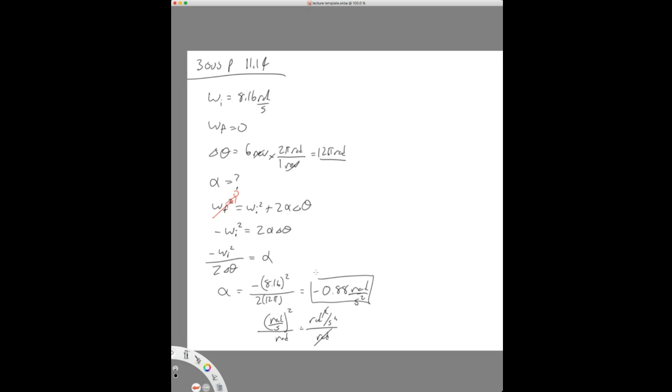Okay, any questions? Okay, so raise your hand if you can see how this is very similar to what we did at the very beginning of the class, our regular kinematic equations.